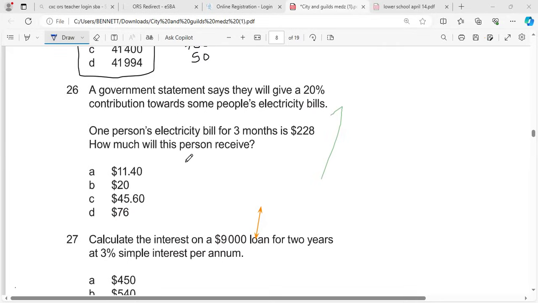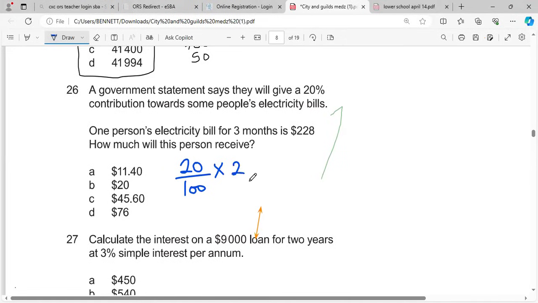Now, what does percent mean? Out of 100. Yeah, so you're just going to put 20 out of the 100 and times it by whatever we find in the percentage of. So guys, percent means out of 100 at all times. And then we can do it by 228.